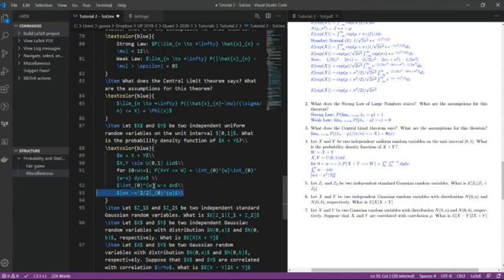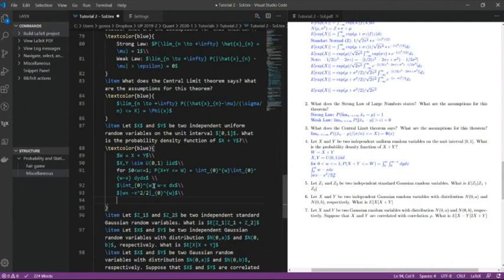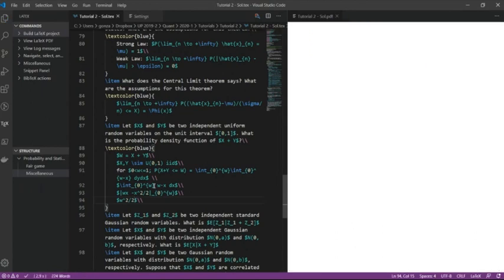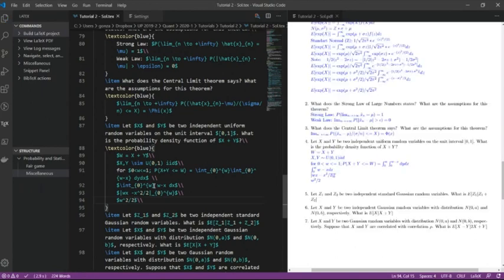So if we evaluate this from 0 to w, we get w squared over 2. Now, this is just one part, right? Because the distribution changes whenever we have something that's greater than our usual uniform.